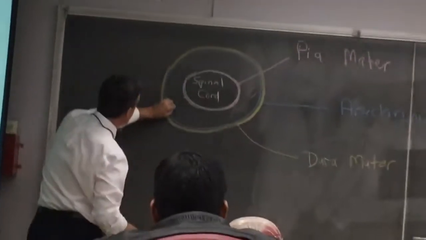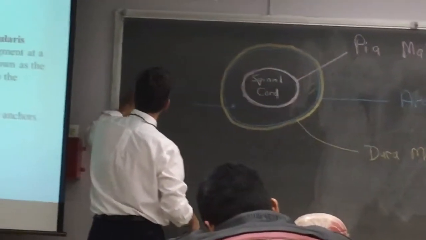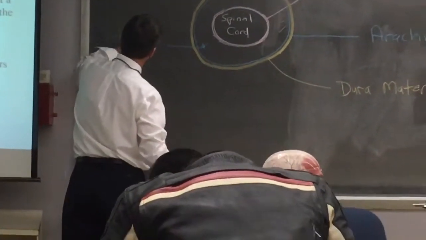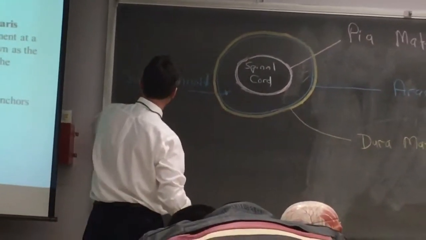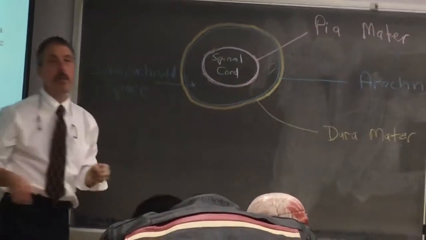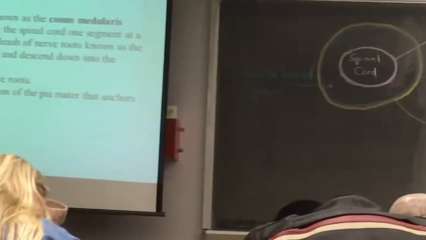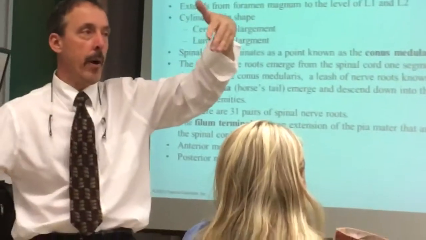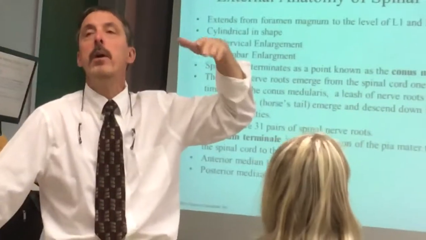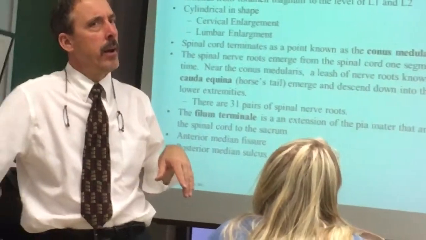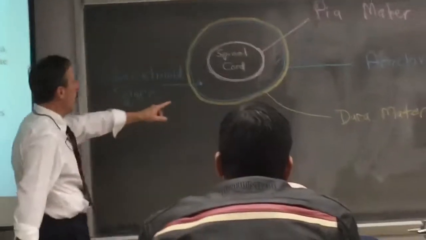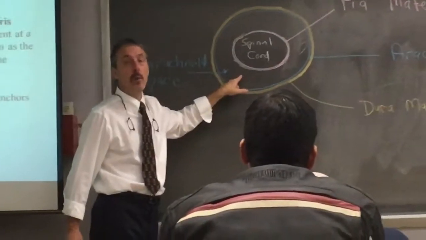This space right here, guys, is called the subarachnoid space. So the space between the arachnoid and the pia is the subarachnoid space. What does sub mean? Underneath, excellent, right? Like a submarine goes underneath the water. So underneath the arachnoid is the subarachnoid space.